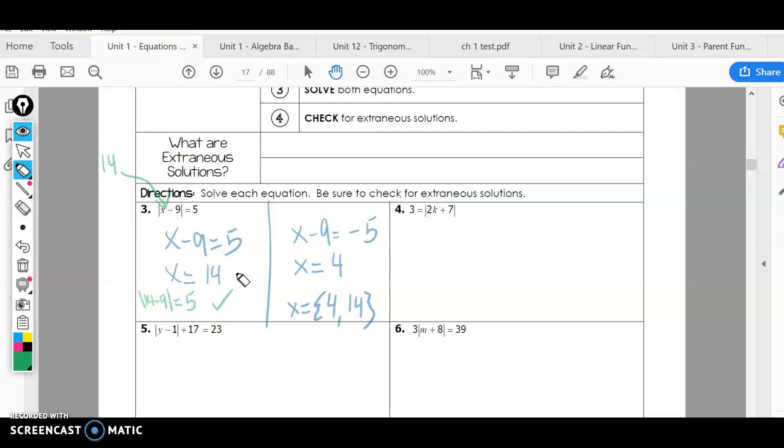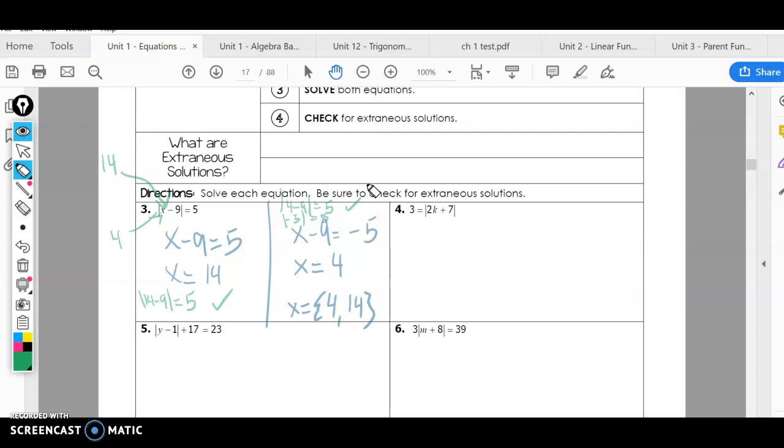And then I'm going to plug in 4 in for x to check to see if that also works. Absolute value of 4 minus 9, does that equal 5? 4 minus 9 is -5, and the absolute value of -5 does equal 5. So both answers checked out. We have two solutions here and no extraneous solutions.